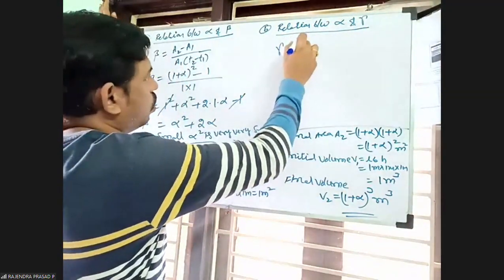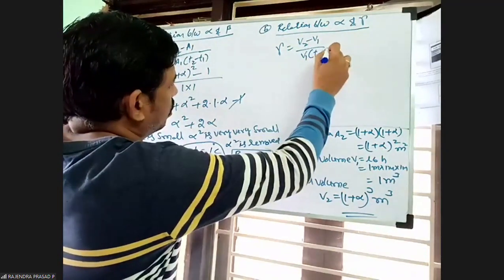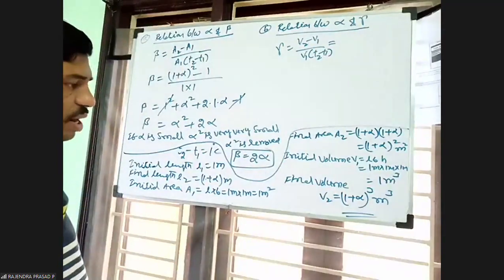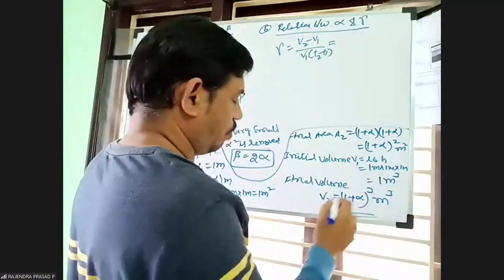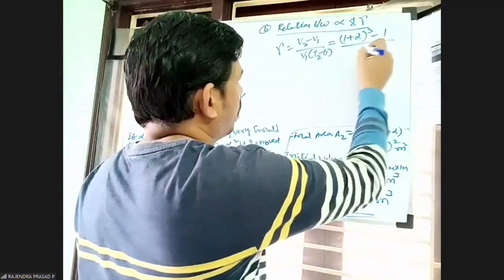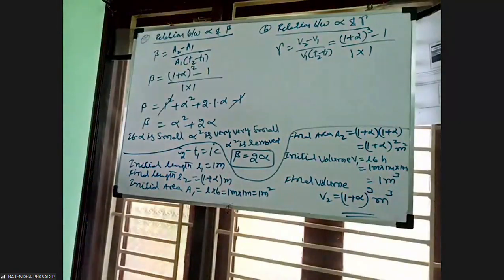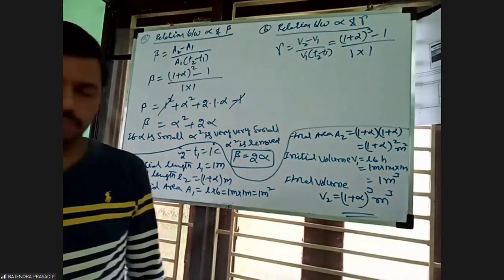So gamma equal to V2 minus V1 by V1 into T2 minus T1. What is V2? Final volume. So V2 is (1 plus alpha) whole cube minus 1 by 1 into 1.